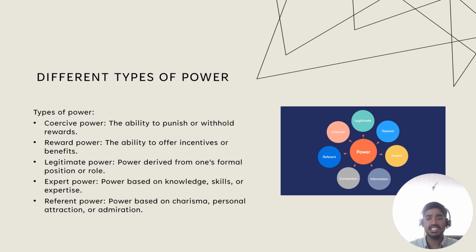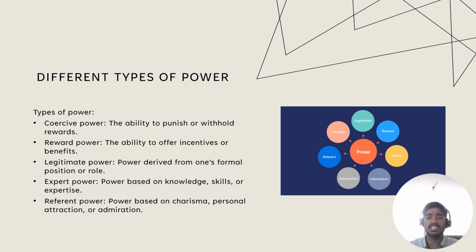Legitimate power is essential for organizations, and it is the type of power where one's formal position or role is defined in an organization. But it is insufficient to achieve a very long-term goal with just legitimate power.